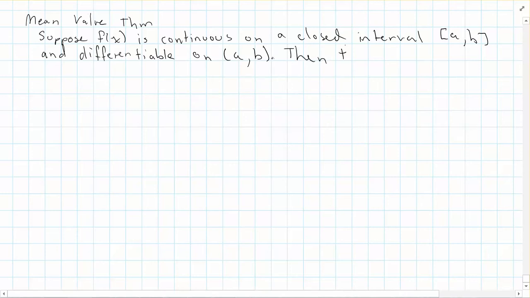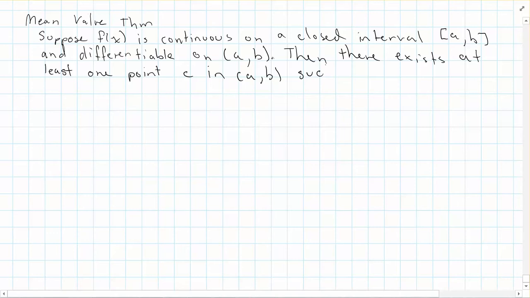Then there exists at least one point c in the open interval (a, b) such that f'(c) is equal to (f(b) minus f(a)) over (b minus a).